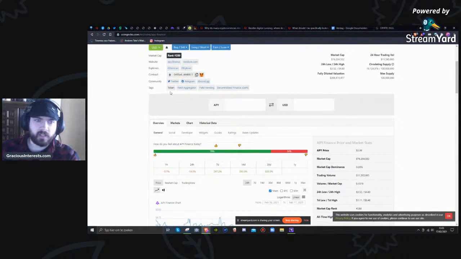Naturally, I see here the tag token, as expected when I saw the explorer. Yield aggregator, yield farming, decentralized finance. So it is connected to DeFi. Decentralized finance, for those who do not know, is the bringing of financial services to the blockchain. So generally, when I see decentralized finance, it's a good indication of good future growth.